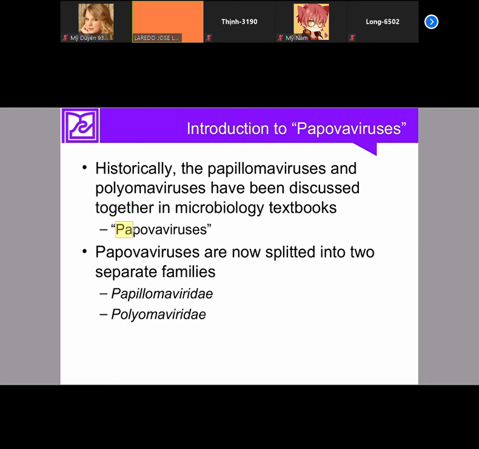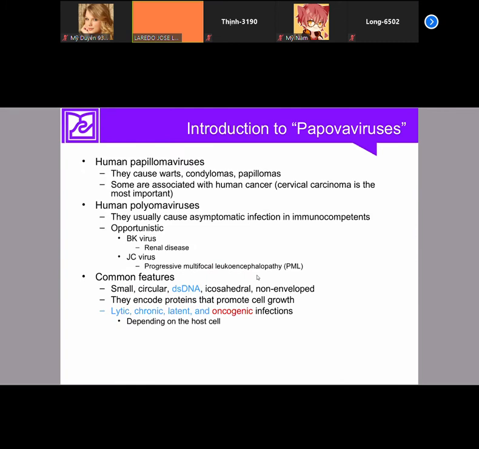Pa from papilloma, po from polyoma. But currently, we study them in two different families. We don't say anything about polyoma viruses because we don't have time to explain them, but I want to say something very briefly about them.